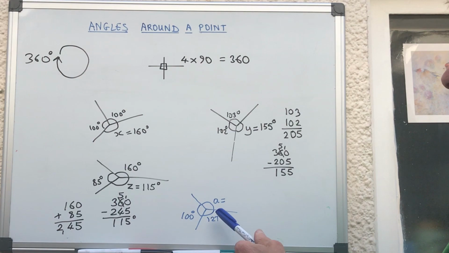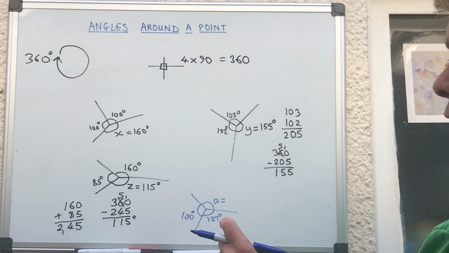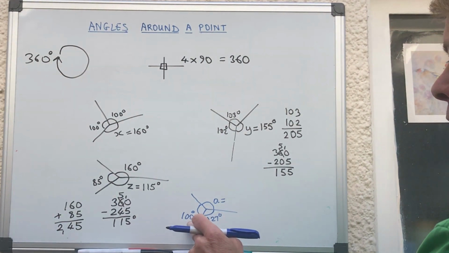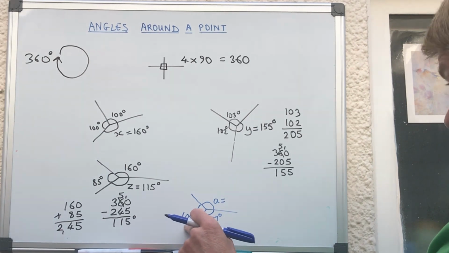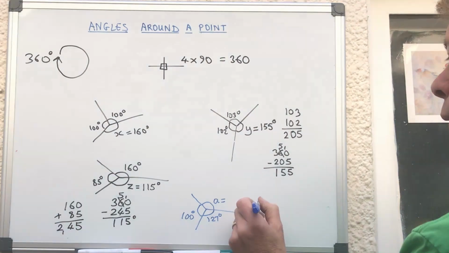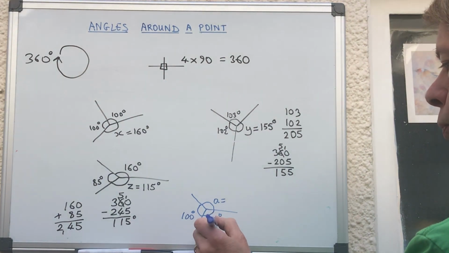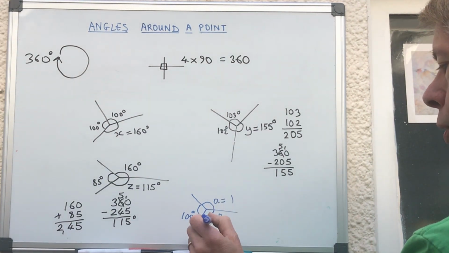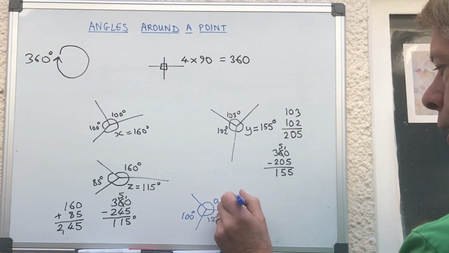Right, so to work out what A is, well, we could say straight away, we got rid of 100 there nicely. So we've got to make up to 260. So that's got to be 100, 200, 33 plus 27 is 60, so 133 degrees.